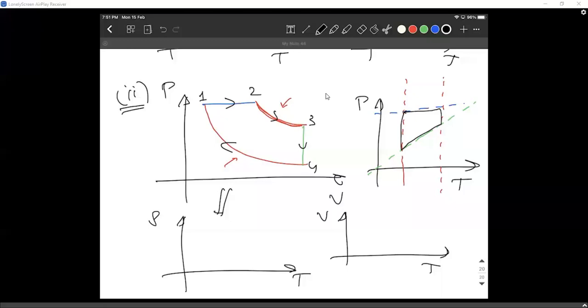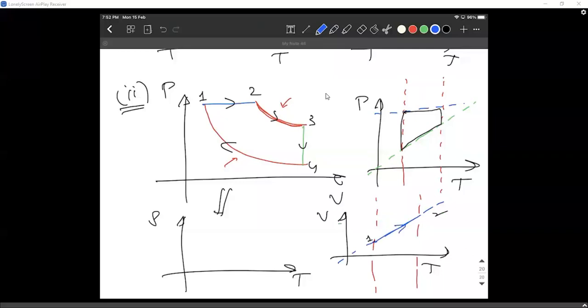In VT also, let's do the same thing again. Two of the lines must be constant temperature lines. One is a constant volume line and the other is a constant pressure line. Does it look like this? I think it kind of looks like this. So this is a constant pressure line. If you strictly follow all the points, like 1 to 2, 2 to 3 and all, this will be 1 to 2 because of the constant pressure process.